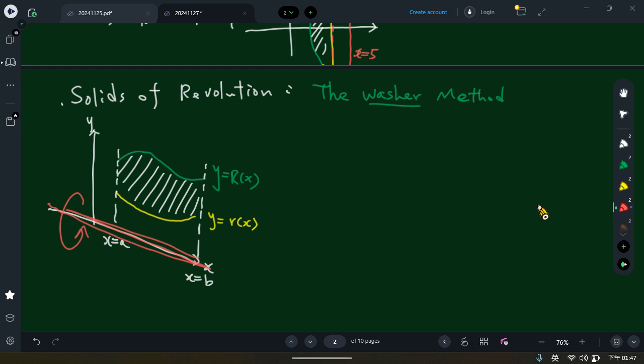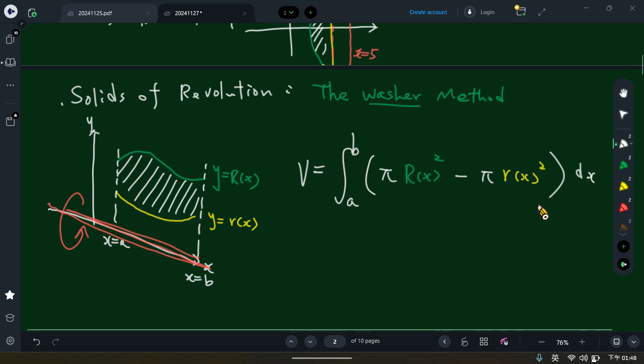You can see actually it's not that hard. The V will be the integral from a to b of pi big R of x squared minus pi small r of x squared, dx. Right?